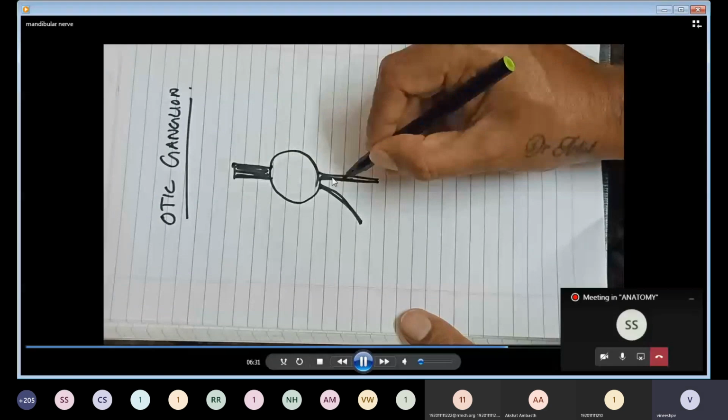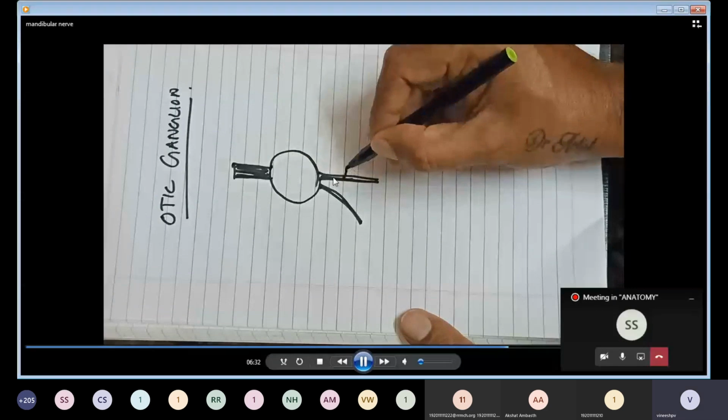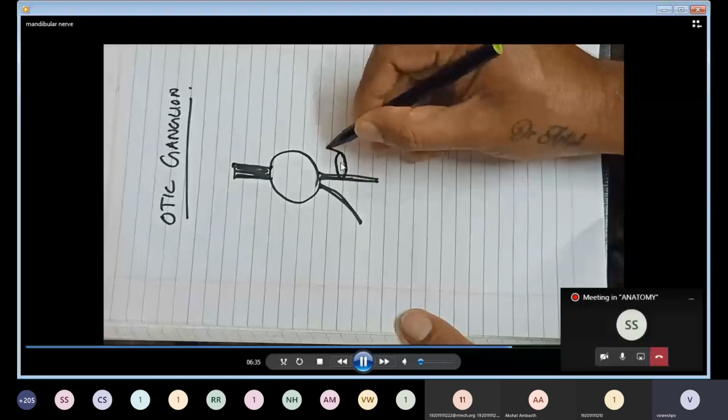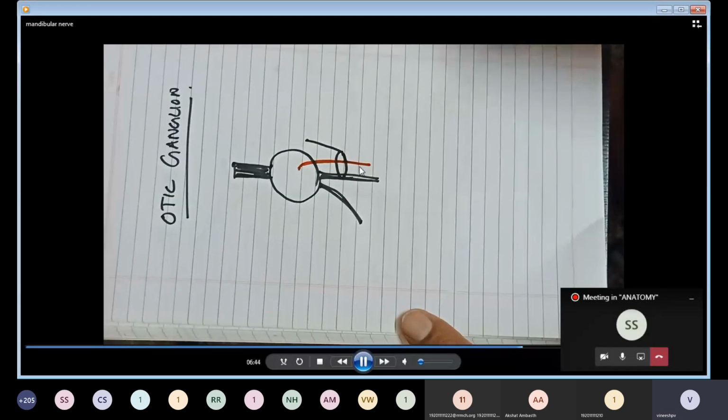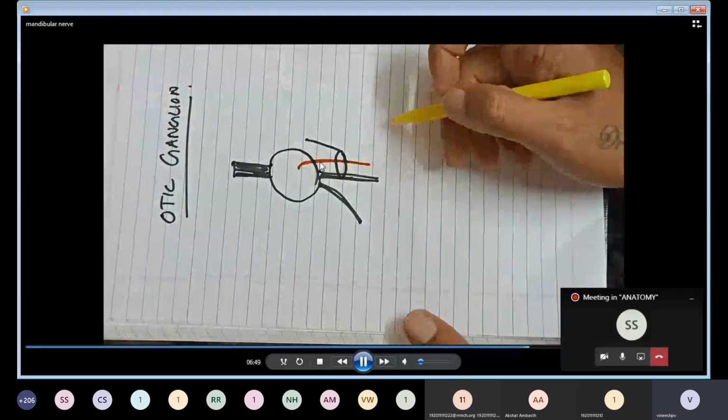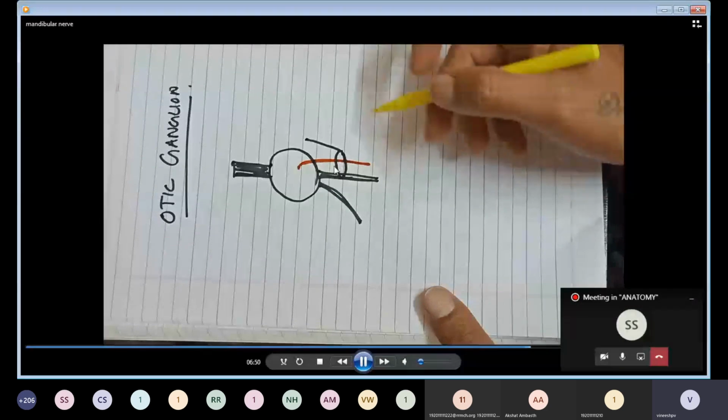Now here we can see the auriculotemporal nerve. So this is basic. Within the auriculotemporal nerve is the artery, the middle meningeal artery, surrounded by a plexus of nerves.